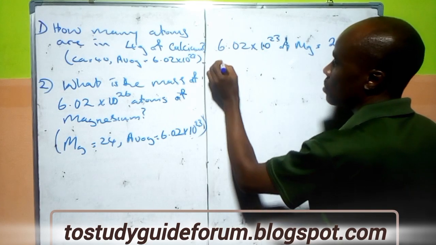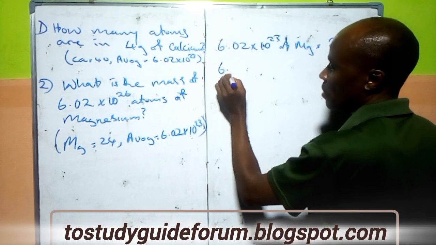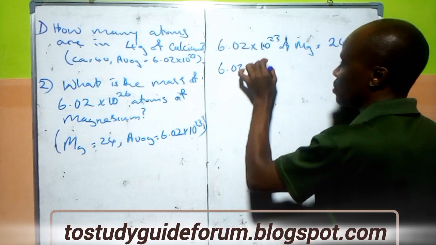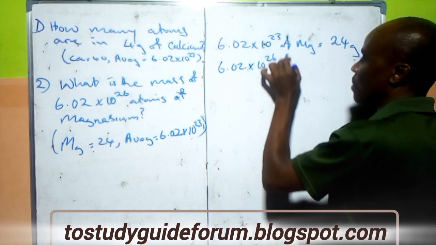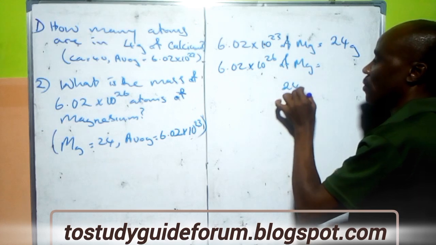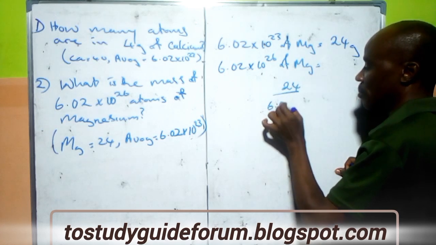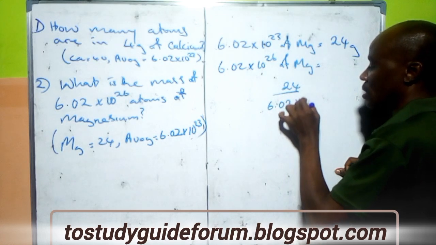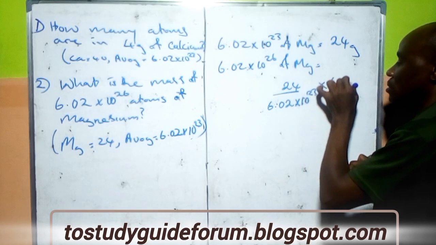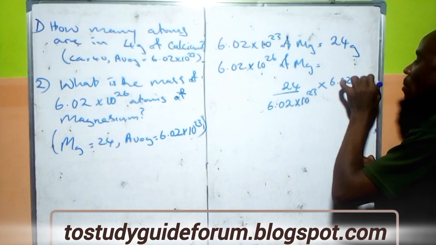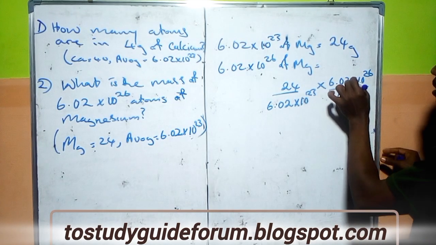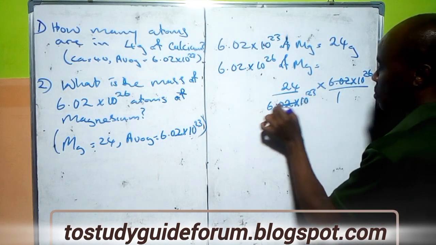So what we are looking for is 24 over 6.02 times 10 raised to the power 23, multiplied by 6.02 times 10 raised to the power 26 all over 1. I think this can go, that one can also go.